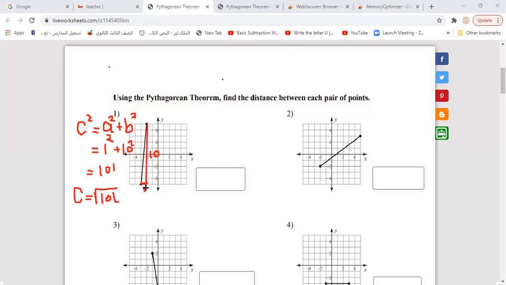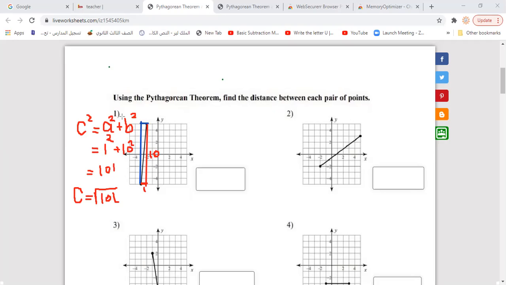No, because we can draw from the other side. So we can draw a vertical line here, right? And then we will draw the horizontal line. So we can have, by counting, 1 unit in the horizontal and 10 in the vertical. And by the end, it will give us the same answer, right?